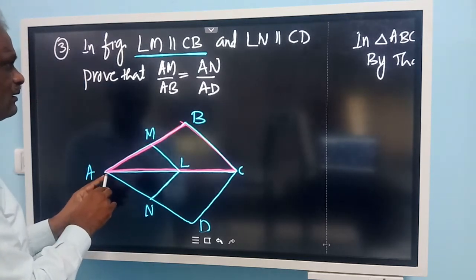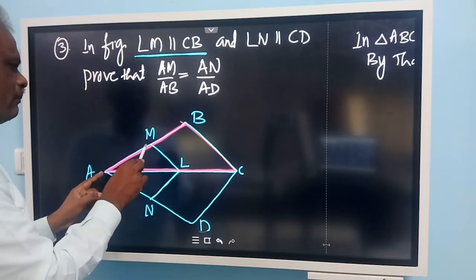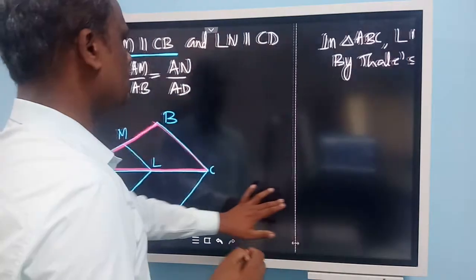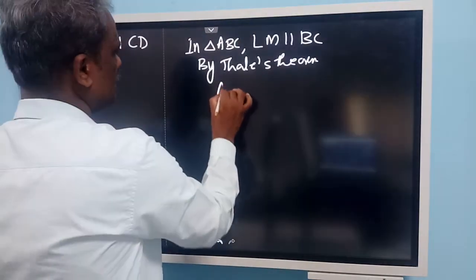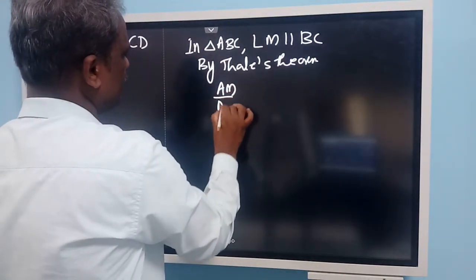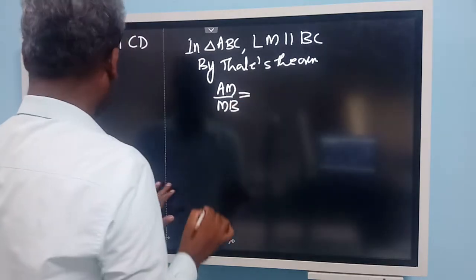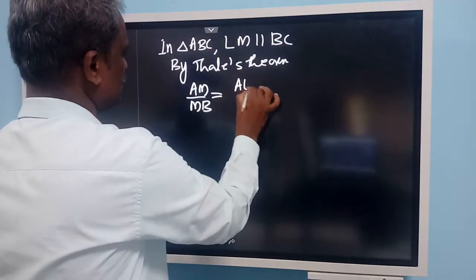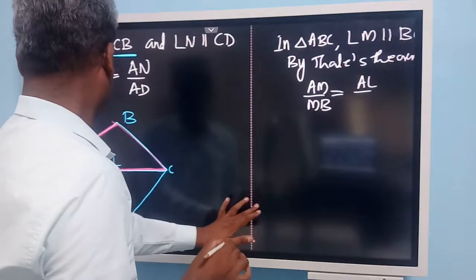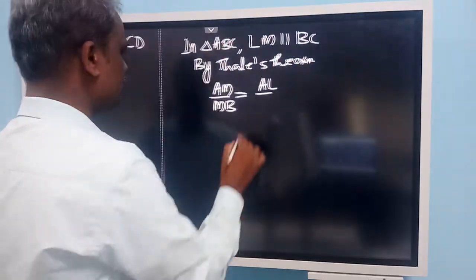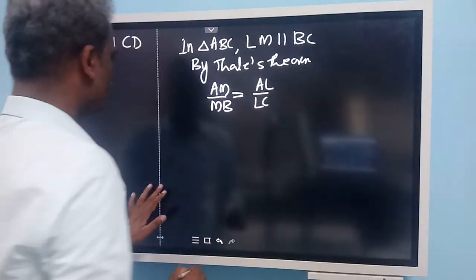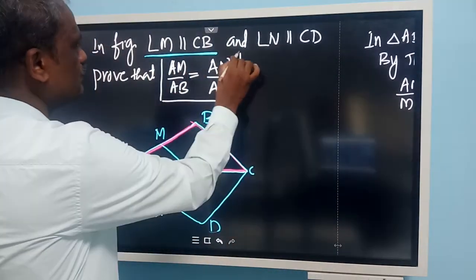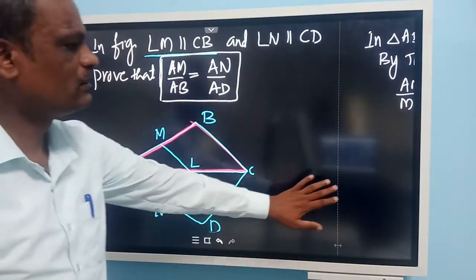I can write AM by MB is equal to AL by LC. But what we want here, AM by MB, we want to prove that AM by AB. We want AM by AB.